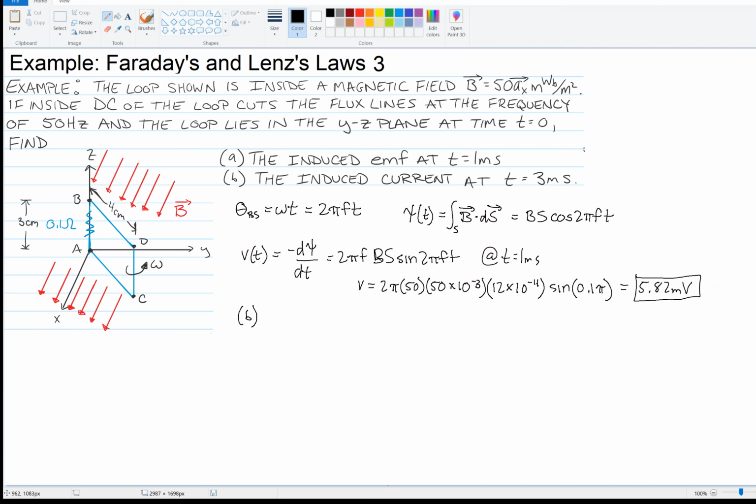B. So I want to find the induced current at t equals 3 milliseconds. Well, I have the voltage as a function of time. That's this thing. So now let me get the voltage at 3 milliseconds.